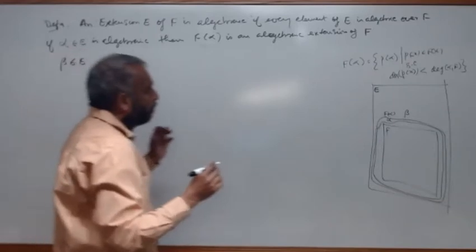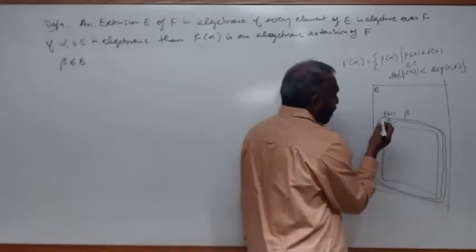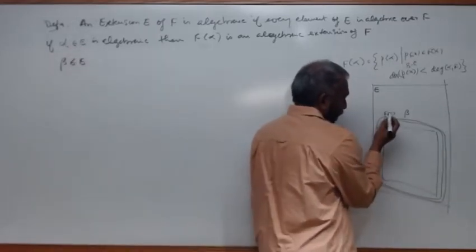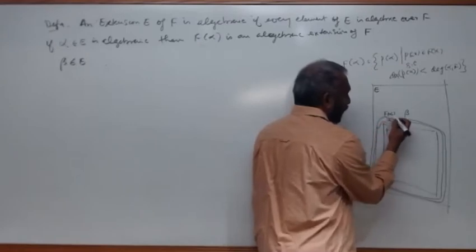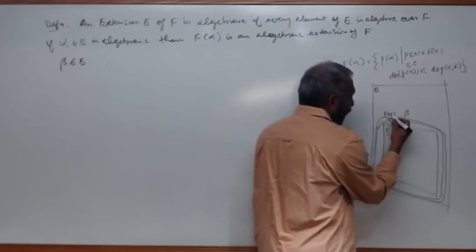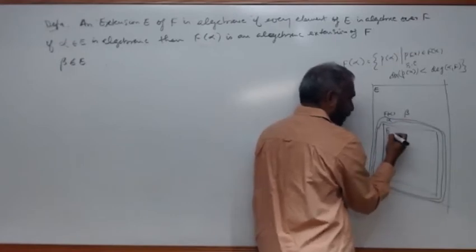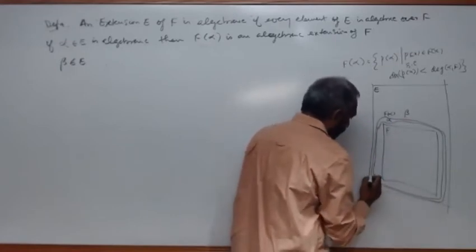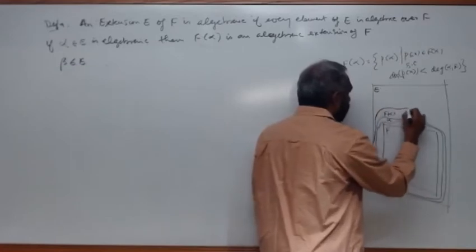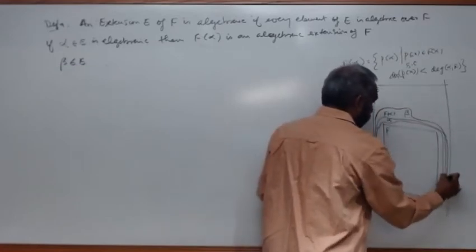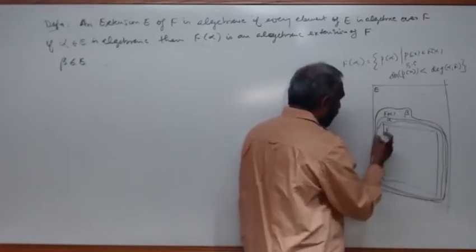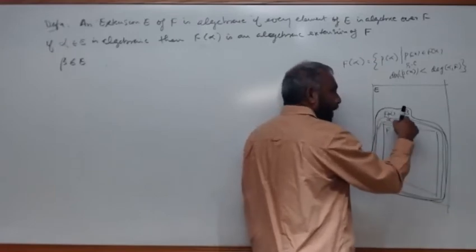So when you consider a field that contains F(alpha), beta and F, it should contain both F(alpha) and beta.